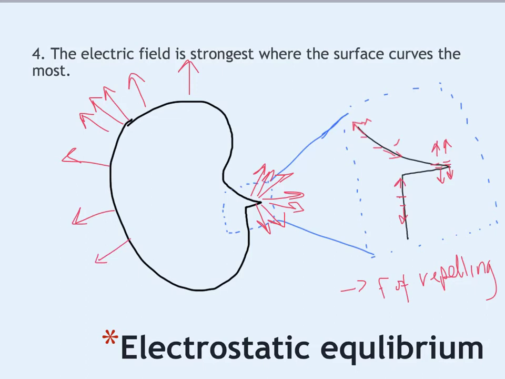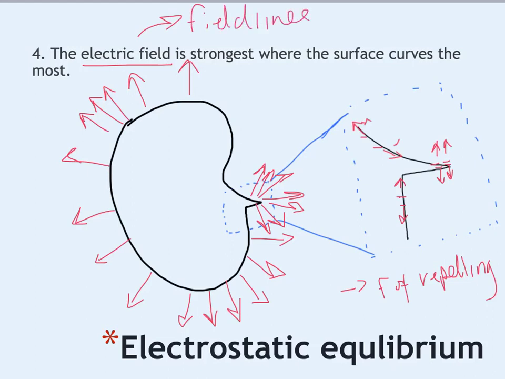And here we've got a pretty even curve going on, and then it curves a little more strongly, so they're closer, and so on and so forth. The key here is that the electric field, which you show with field lines, is strongest where the surface curves the most.